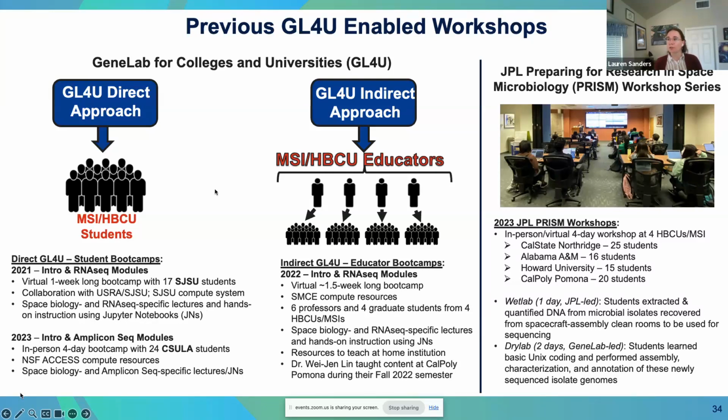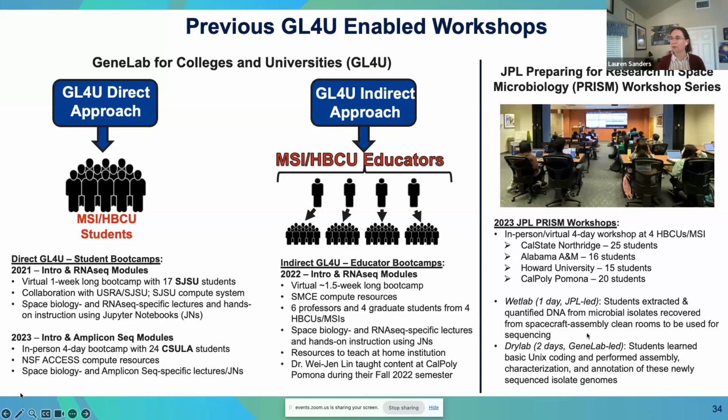And in 2022, we taught the indirect approach, where we taught educators, 6 professors and 4 graduate students, also focused on RNA sequencing. Those resources were made available to the professors to be able to take and teach at their home institution, and one of those professors was able to teach this content to the students.